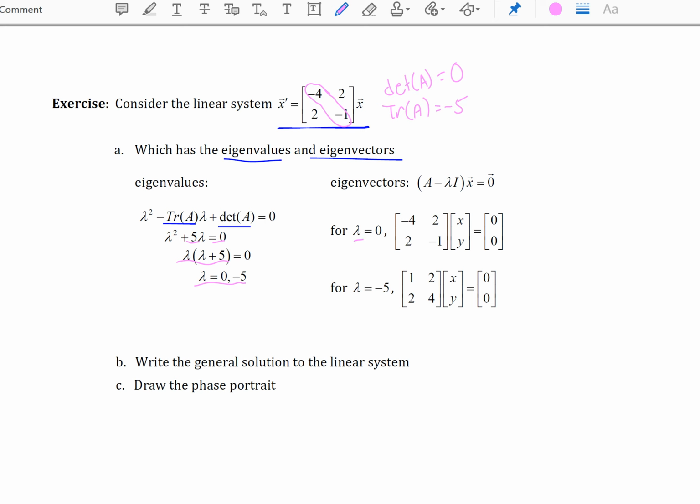If our eigenvalue is 0, then we're subtracting 0 off of the main diagonal, which leaves our original matrix. And I still want to be able to grab an eigenvector out of this. So let's say our first eigenvector, well, there's an infinite number that I could choose, but what if we chose 1 of the first column and 2 of the second column? That would work.